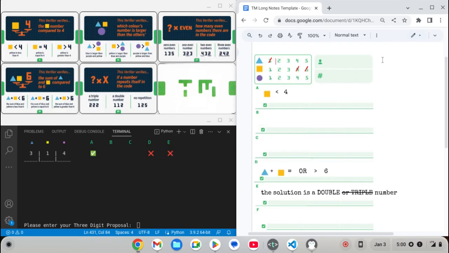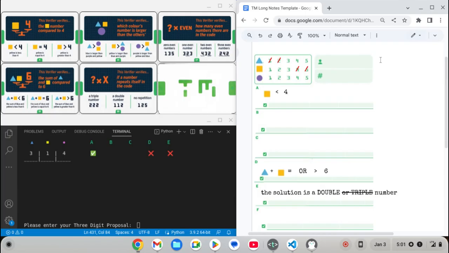Same thing with triangle 2. It can't be a 2 because if you add it to 3, it's still too small. 2 plus 3 is 5. Now, we can stop at 3 because you can add 3 and 3 to get 6, and then 4 plus 2, 5 plus 1. So at least we were able to cross out a couple in both triangle and square.